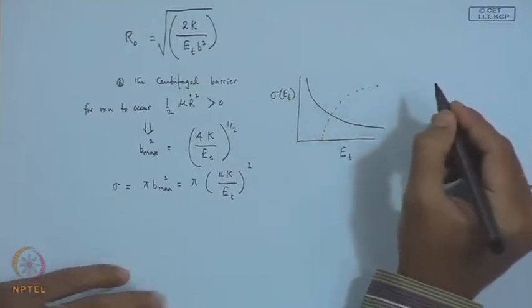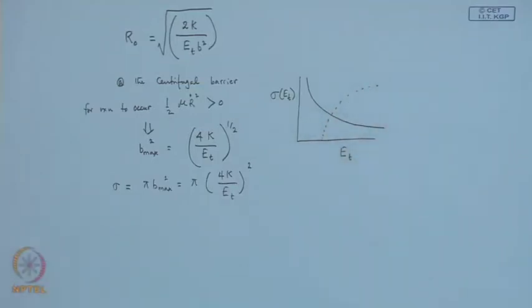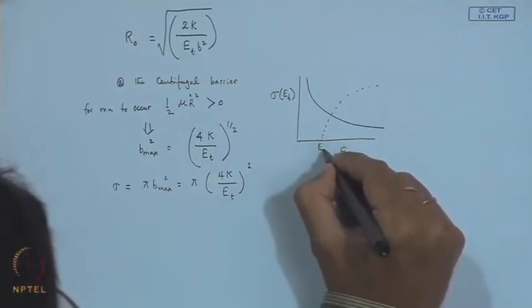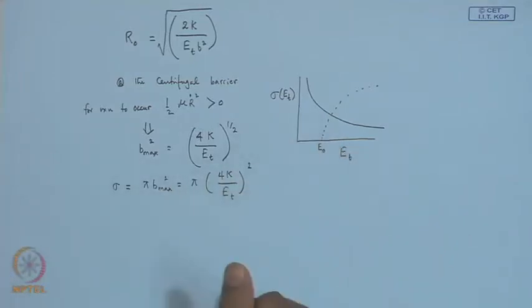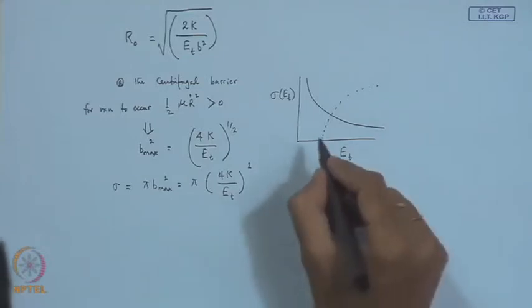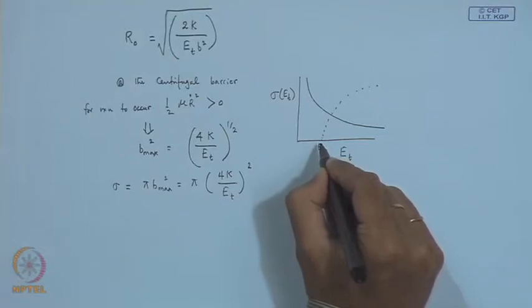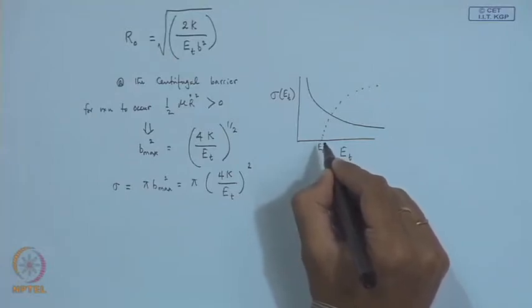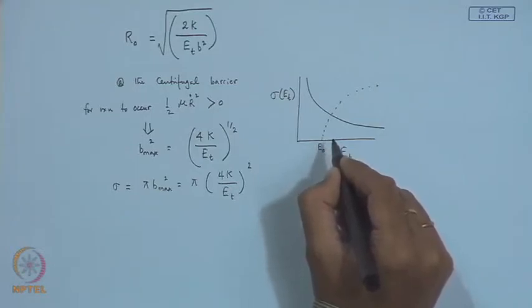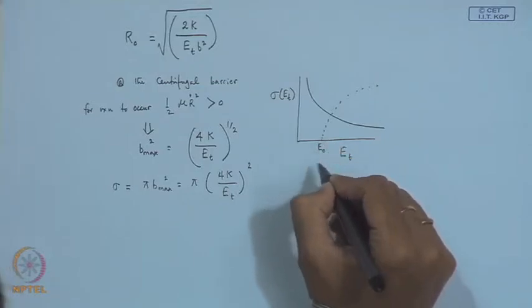In that sigma ET versus ET plot, E0 is the minimum energy just to cross the barrier, but since there was a centrifugal barrier, that minimum energy will not be sufficient. So in that case it has to surmount this centrifugal barrier.